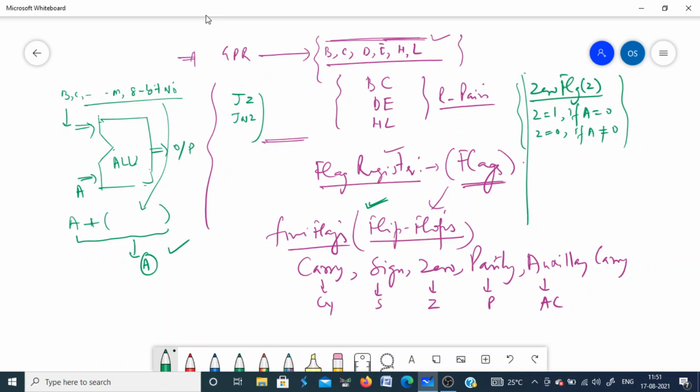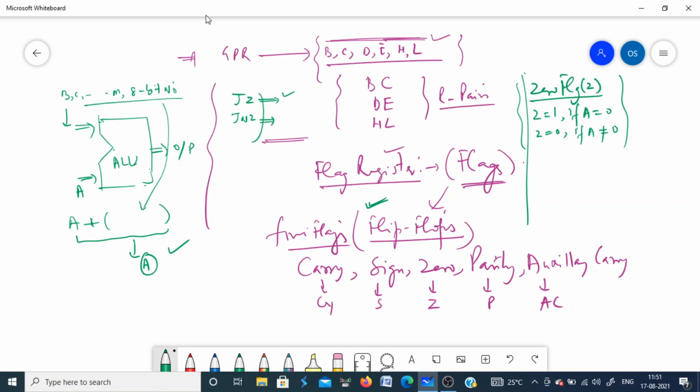The jump if 0 instruction will check the status of the zero flag, and if it is 0, it will jump to a particular location whose address you have to specify. Similarly, jump if not 0 will jump to the particular memory location if the result in the accumulator is not 0.